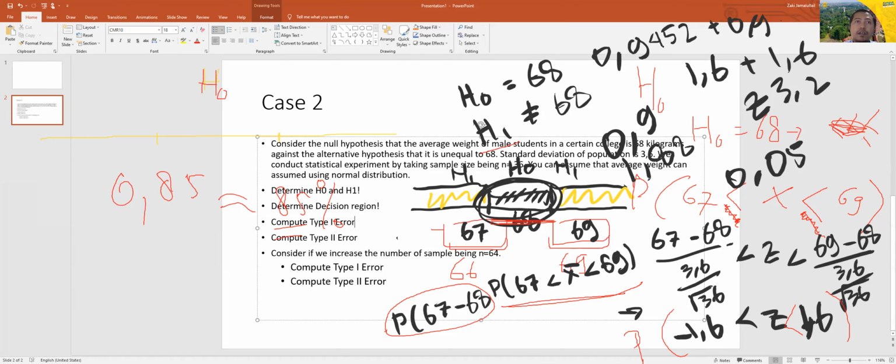Interval ya. Interval. Berarti 1,6 ya? 1,6 itungnya 1,1 ya? Yes, 1,6. 1,6 juga tapi minus 1. Iya, sekitar 0,8-an lah.